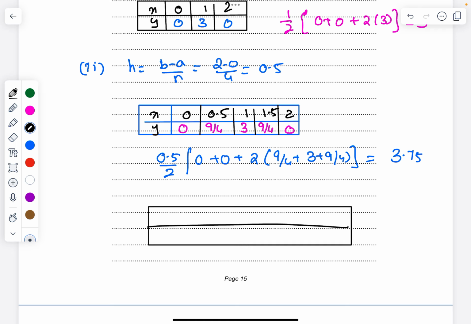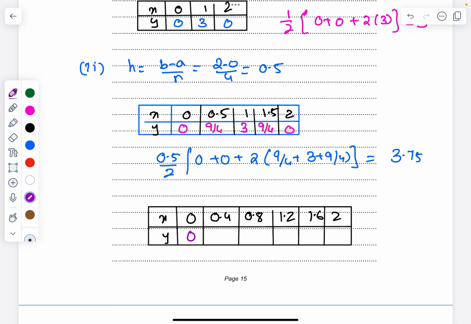So x, y: 0, 0.4, 0.8, 1.2, 1.6, and 2. So when it is 0, it is 0. When it is 0.4, it's going to be 1.92.